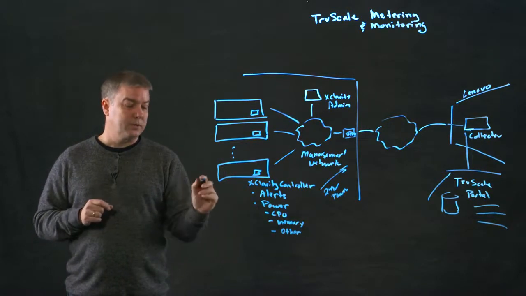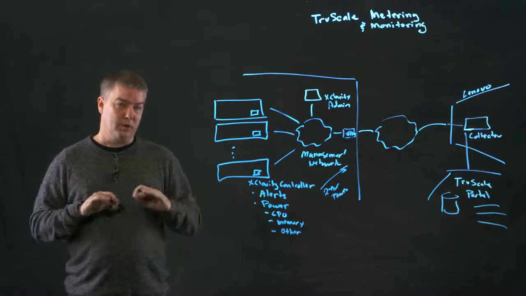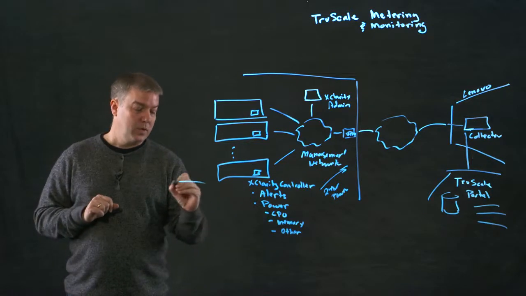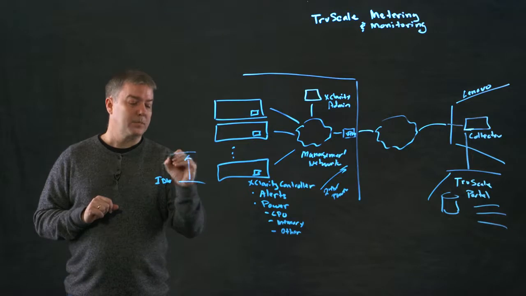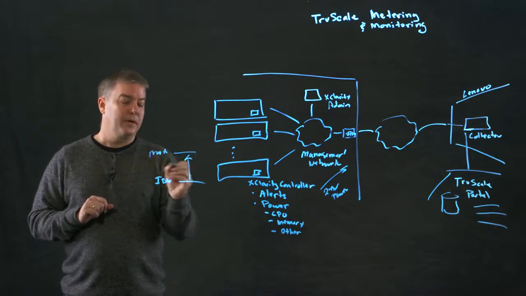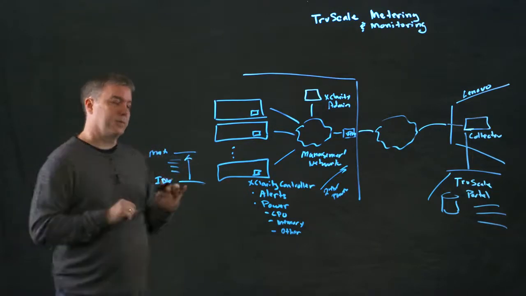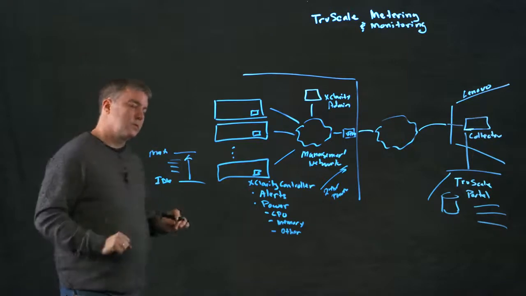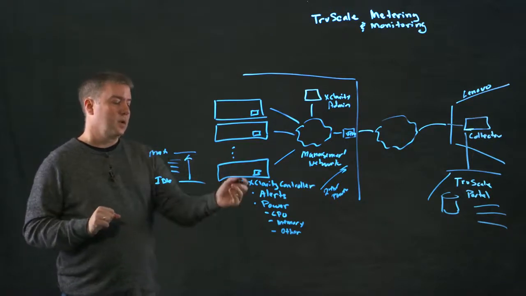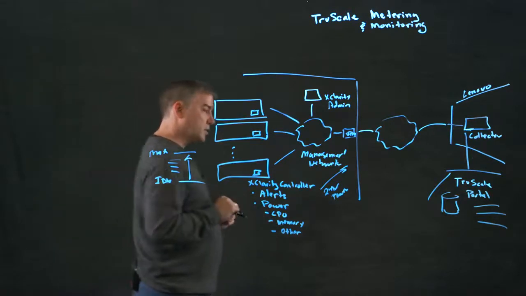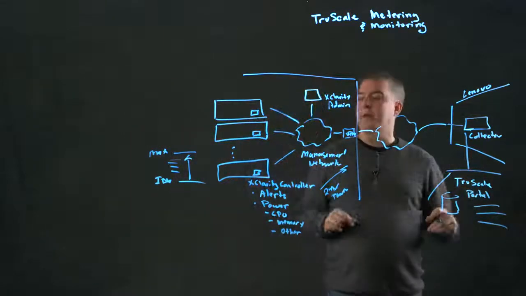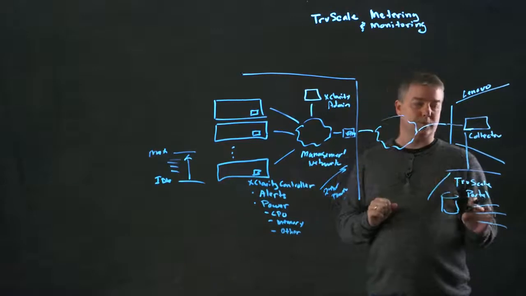We know if it's running at idle. We don't charge for idle. So we know anywhere from idle all the way up to max power for this server and everything in between. We know every element, every increment of power that's being used on the system. We know how much is being consumed by the CPU, the memory, and other. Our model is all based on that.